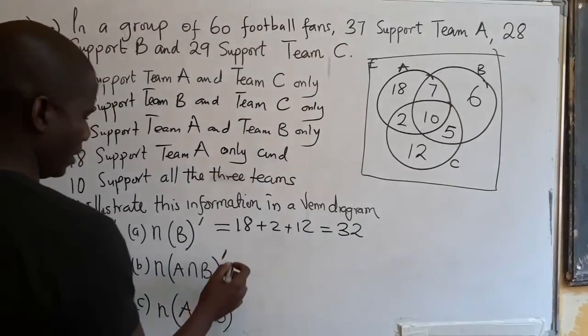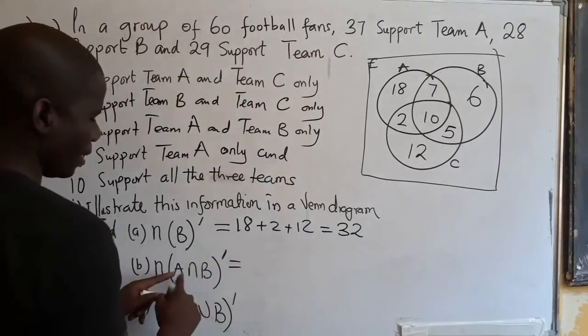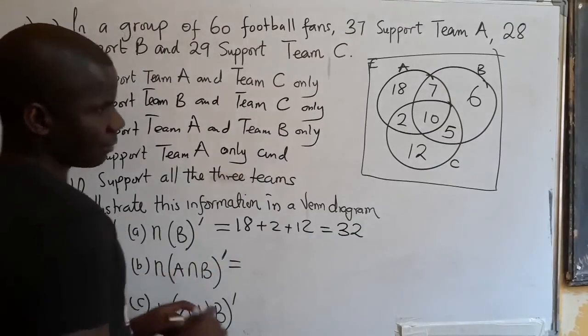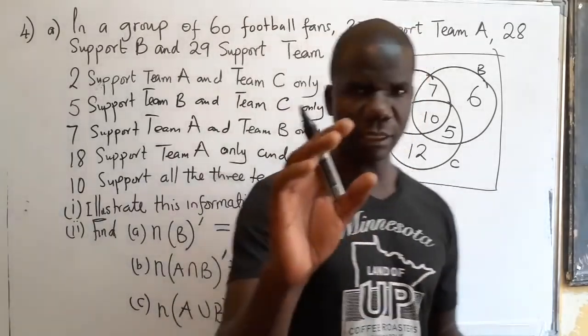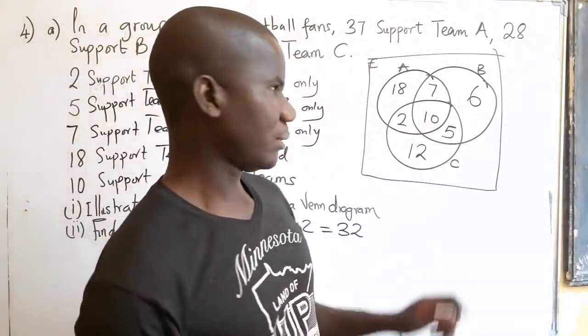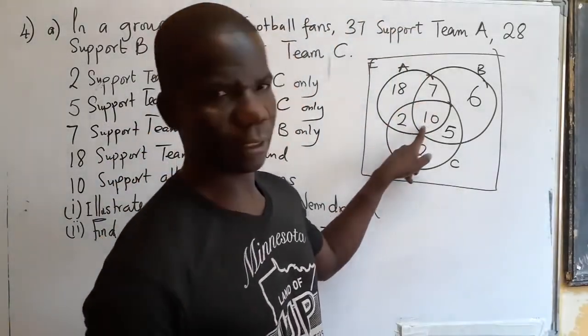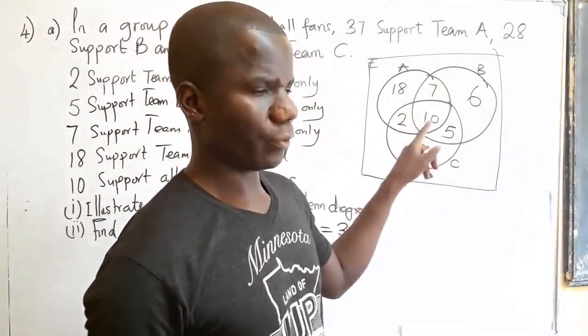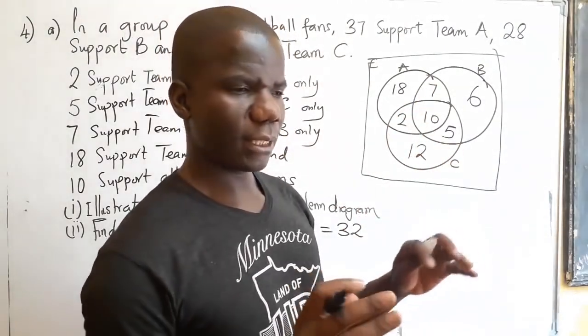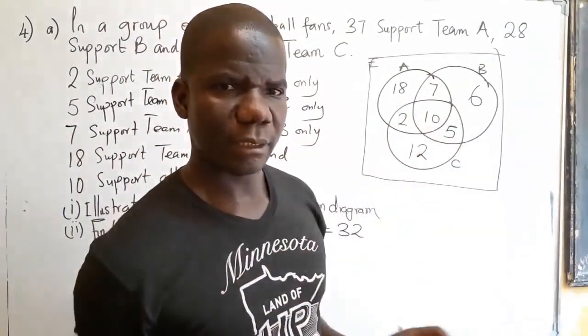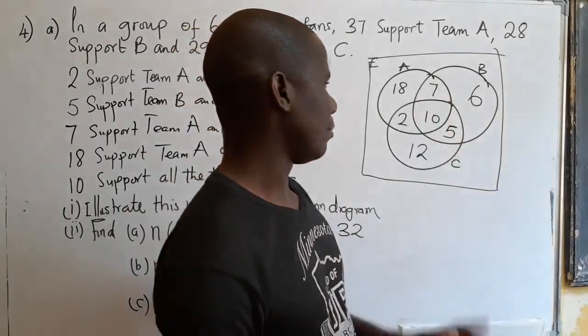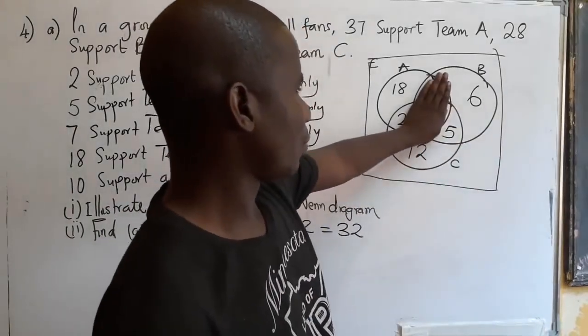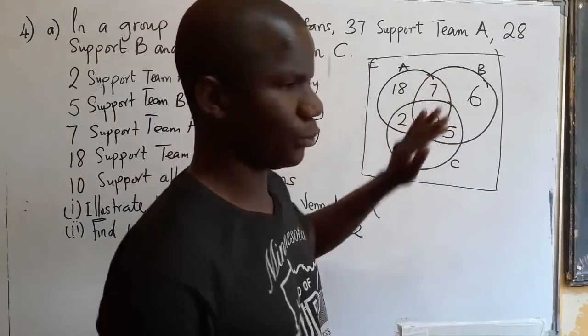Then the second one, the intersection of A and B complement. The intersection of A and B is 7 and 10. So we are saying complement, meaning 7 and 10 should not be there.